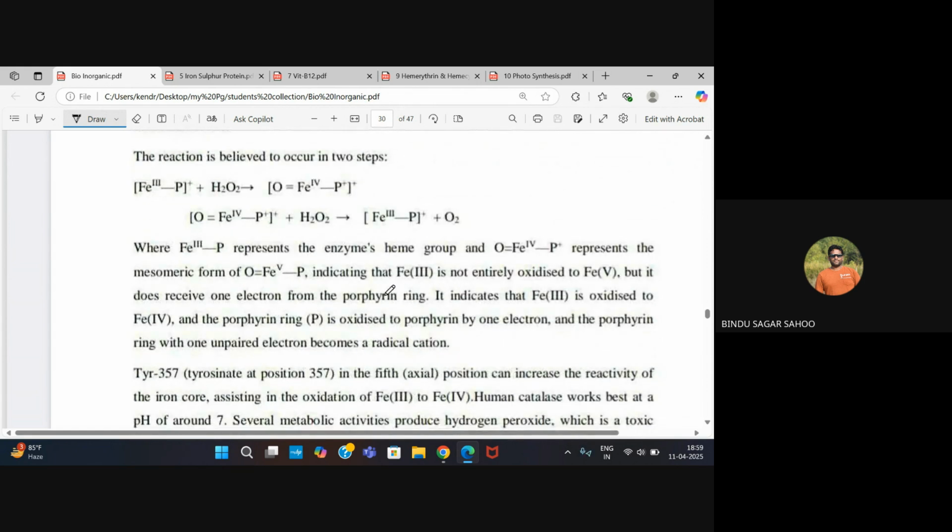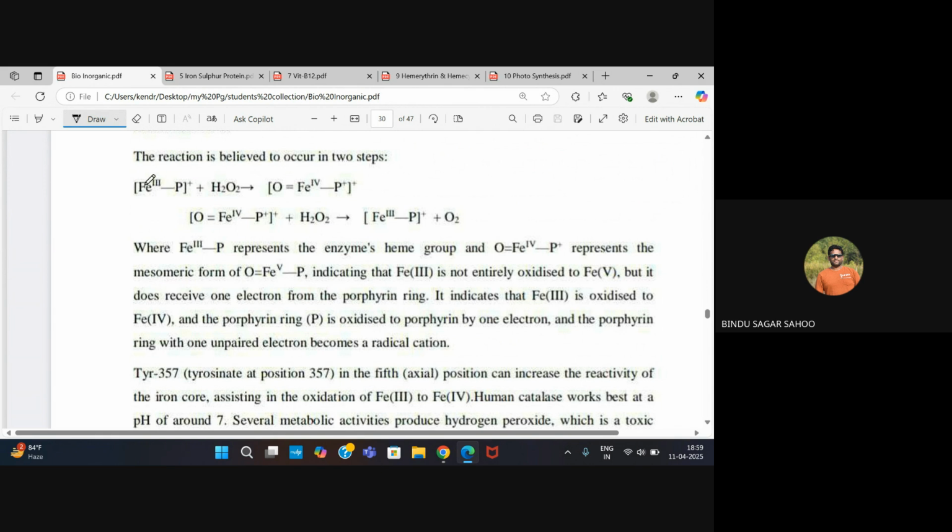Okay, and the details about the process are mentioned here. You can see Fe3P represents the enzyme's heme group and Fe4P plus represents the mesomeric form of FeOVP, indicating that Fe3 is not entirely oxidized to FeP. Because Fe3 is not completely oxidized to FeP.